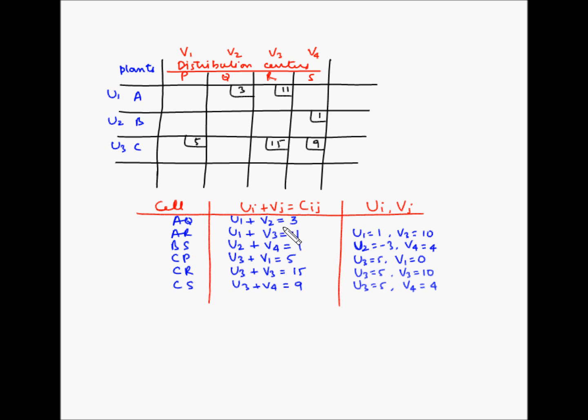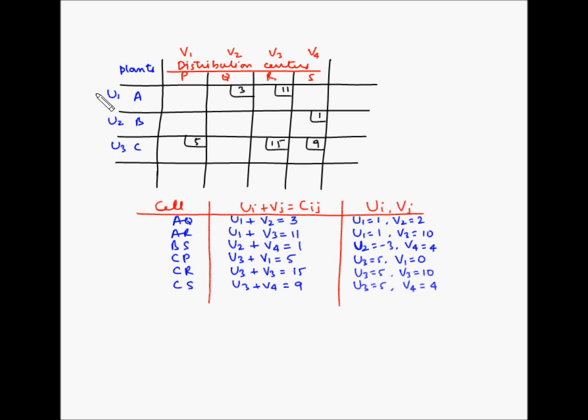For the cell AQ, U1 plus V2 is equal to 3. We know that U1 is 1. So V2 is 3 minus 1, which is 2. So U1 is 1 and V2 is equal to 2. Let's note down these values of Ui and Vj in this table.